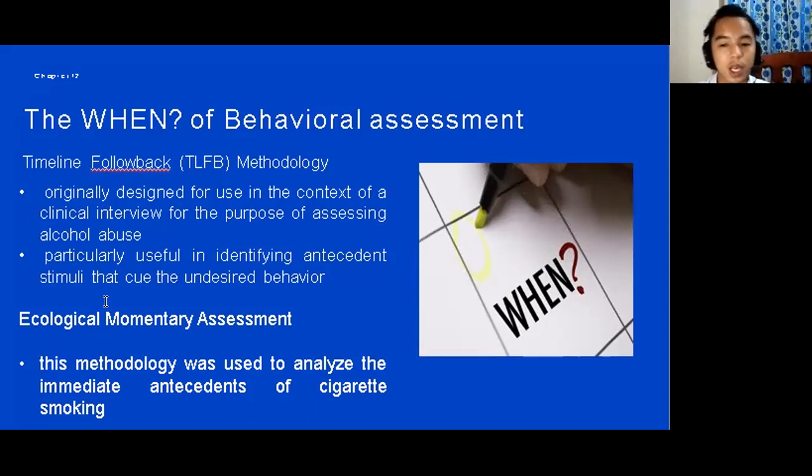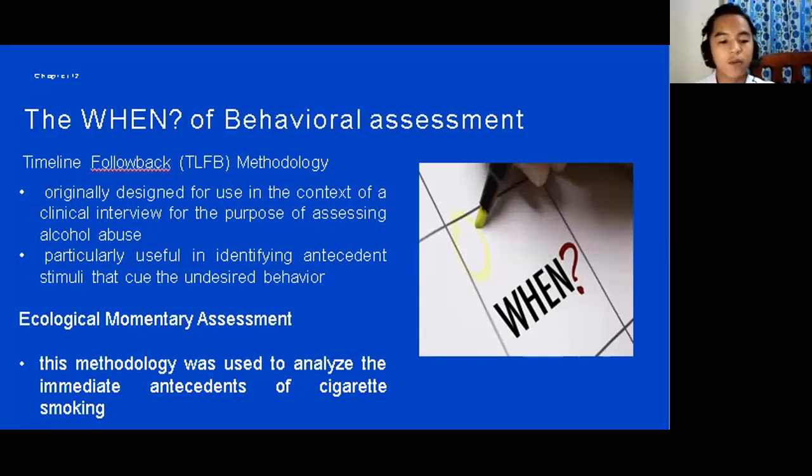So it was originally developed to assess the alcohol abuse of a person, and particularly in identifying antecedent stimuli that cue the undesired behavior. So in TLFB methodology, the client is given a calendar from which they are going to recall aspects of their drinking habit or drinking action.